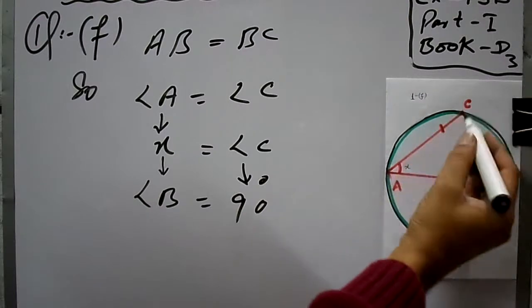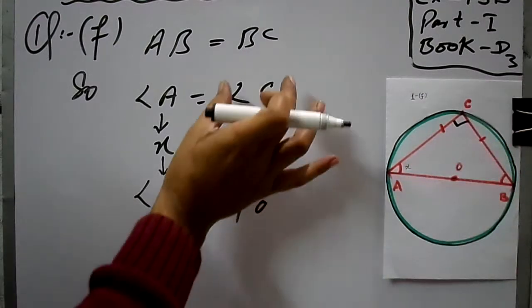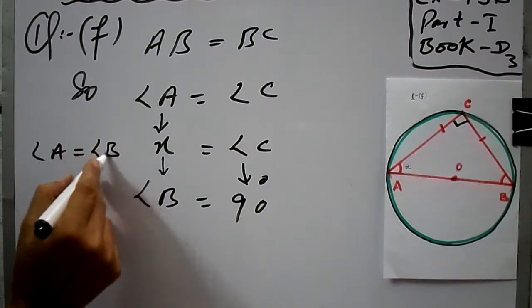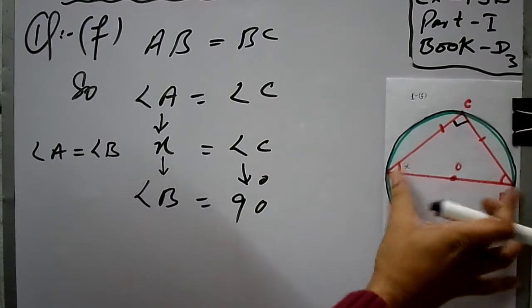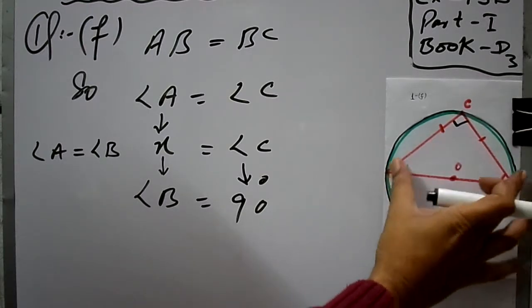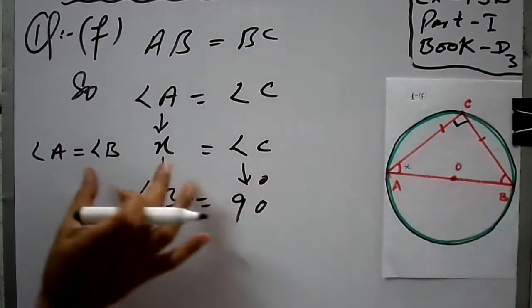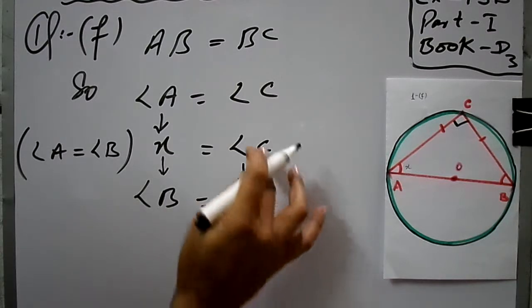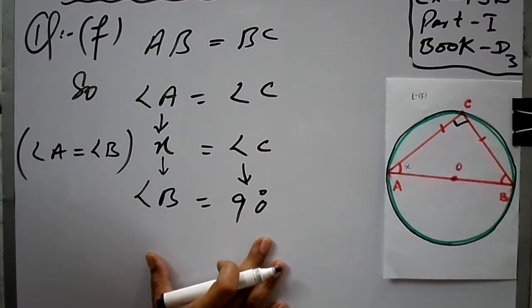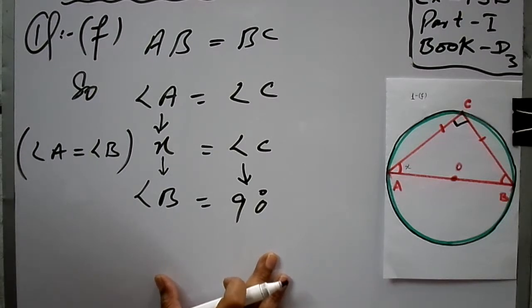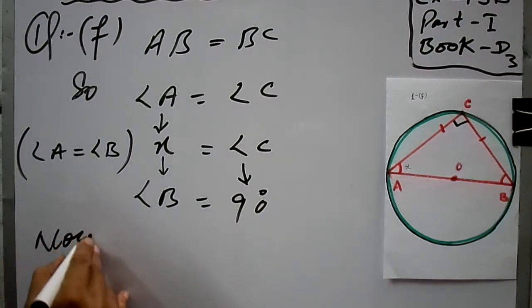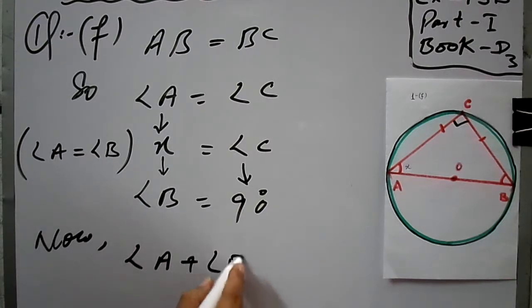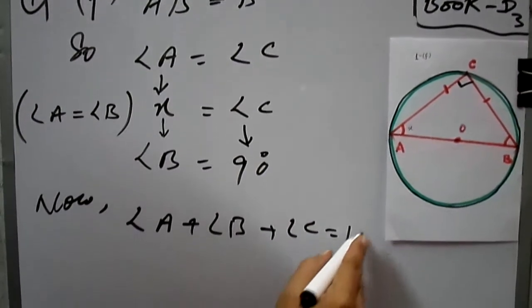I'm going to say that angle A must be equal to angle C because the angles opposite equal sides must be equal. So the sum of interior angles must be equal to 180. Now you know this, that angle A plus angle B plus angle C is equal to 180 degrees.